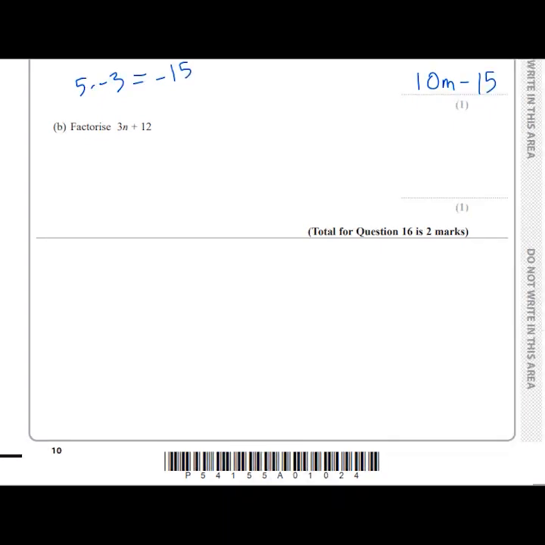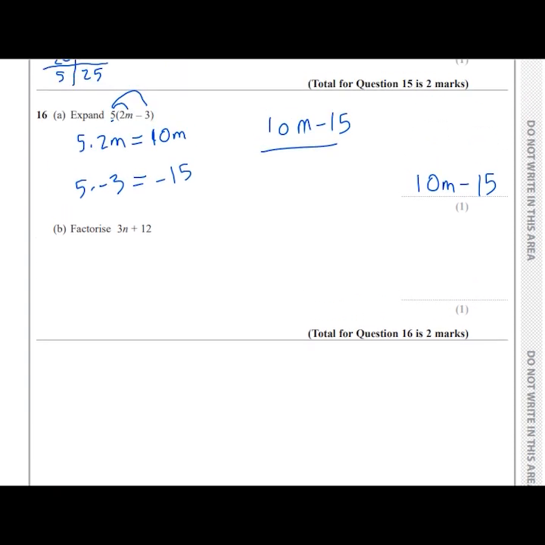Factorize 3n plus 12. So what we're looking at is we're trying to come up with a similar expression here where we've got 2 terms inside the brackets and we've pulled something out of both of them that they both share. So the way I like to start this is to break it down. So 3n. Is there any way we can break this down further? Well, it's 3 times n.